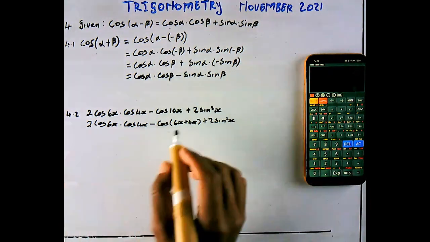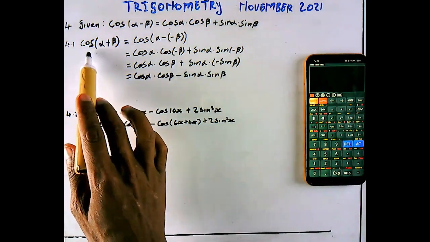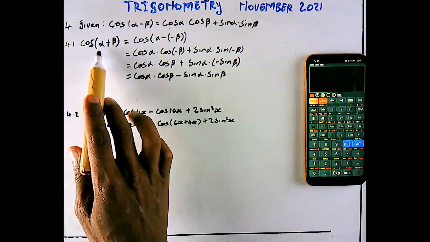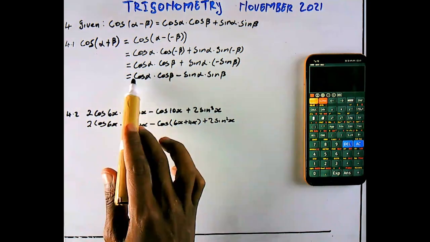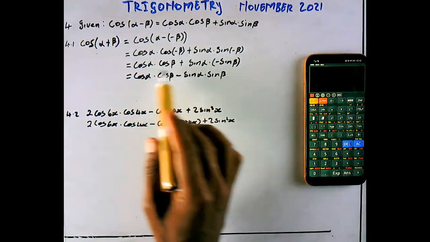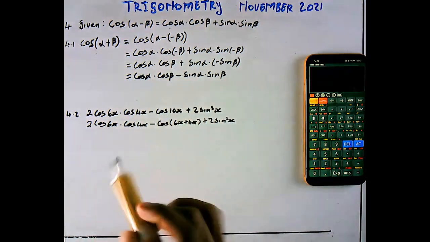Then because we had proved that cos alpha plus beta is the same as this one, we can write it as the formula that we had derived.